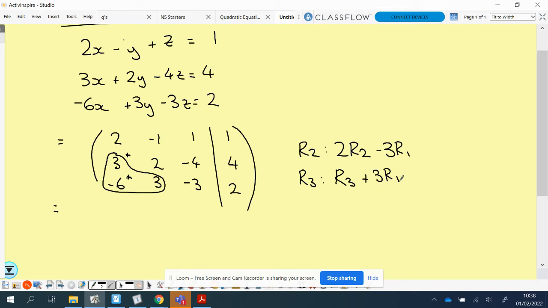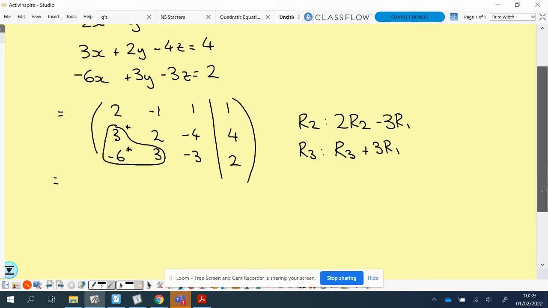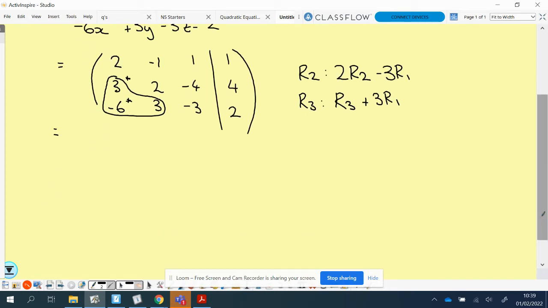You see how doing these operations, I'd get zeros in those 2 entries. If you start seeing that, you can speed up the process by doing maybe 2 at a time, but don't rush it. I'd rather do it 1 at a time and get it right than rush it.